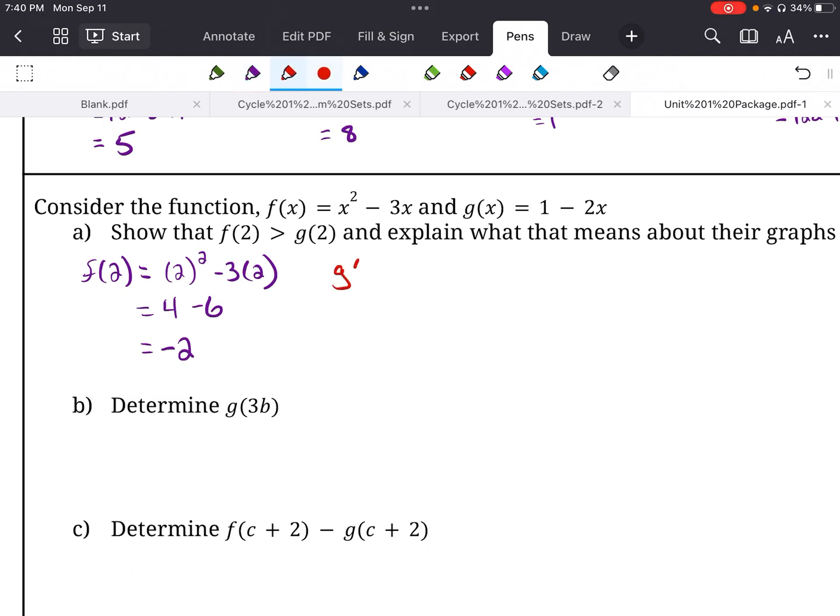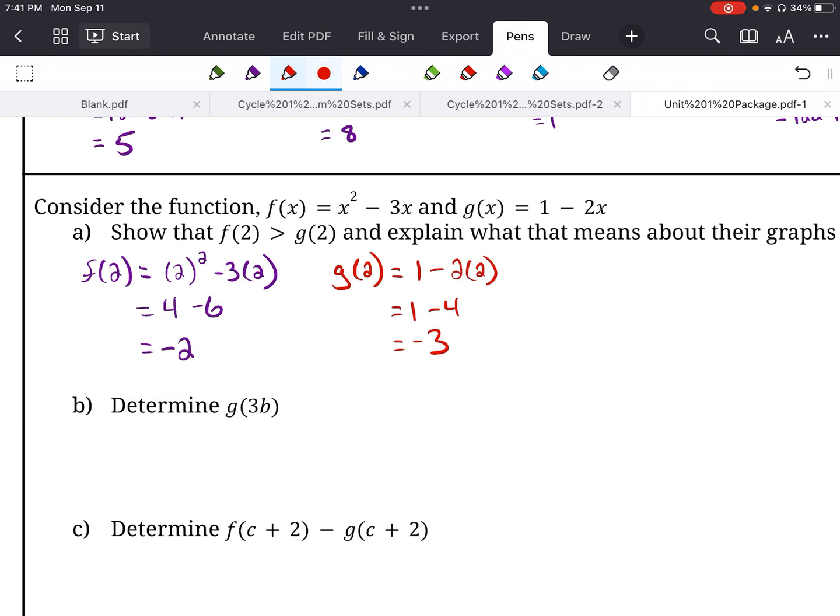Then we work the g function. We have 1 minus 2 times 2, 1 minus 4, which is negative 3. Sorry, it's supposed to be greater than, which it is. So we just solved both equations and found out that when x is 2 in the f function, it has a greater value than when x is 2 in the g function.